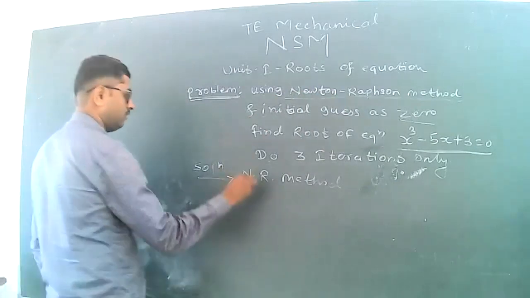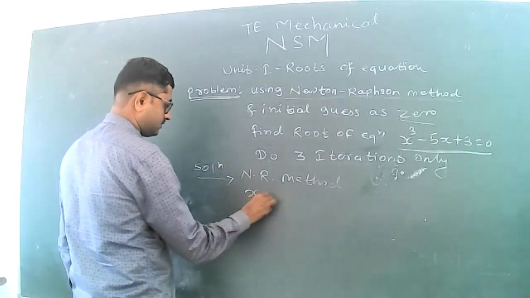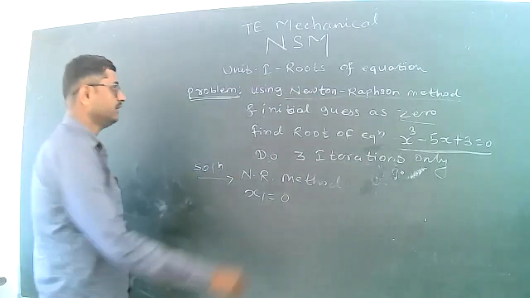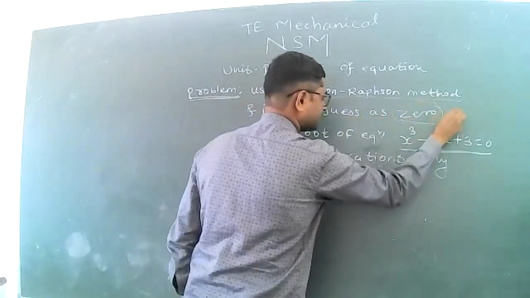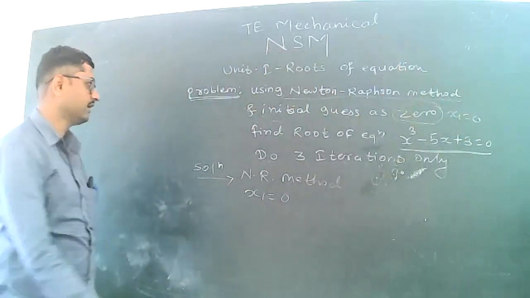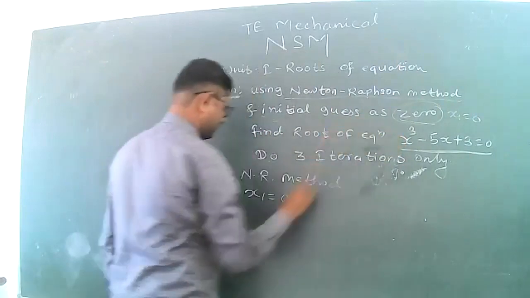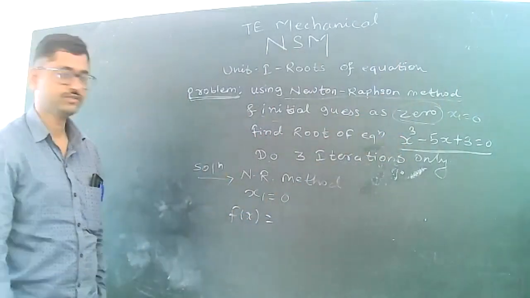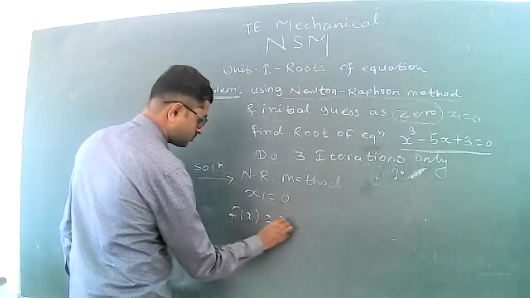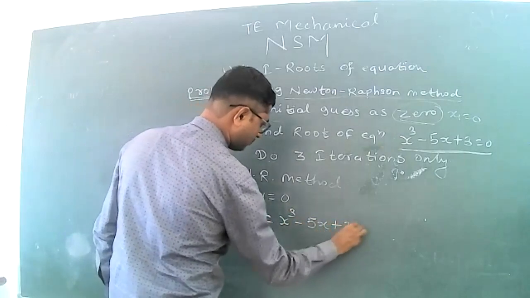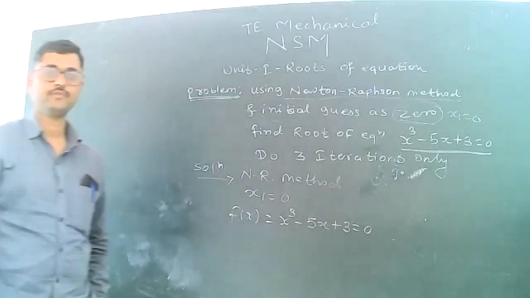Here we assume the initial guess x1 is equal to 0. We find the root of the equation, where the function f of x is x cube minus 5x plus 3 equal to 0.